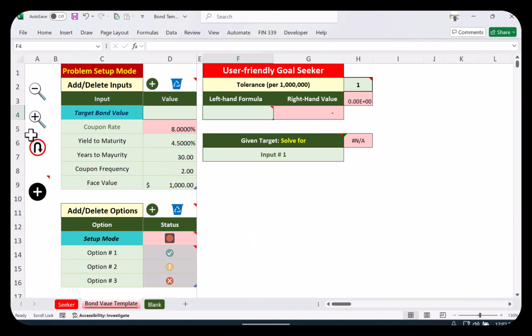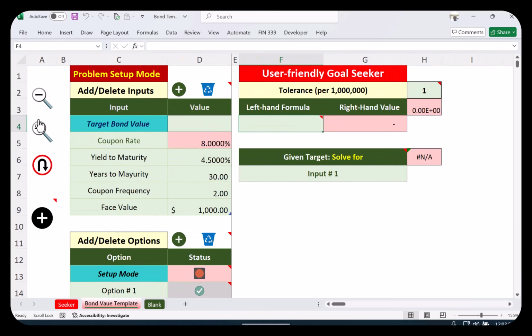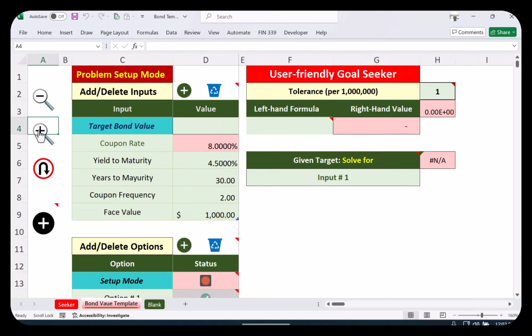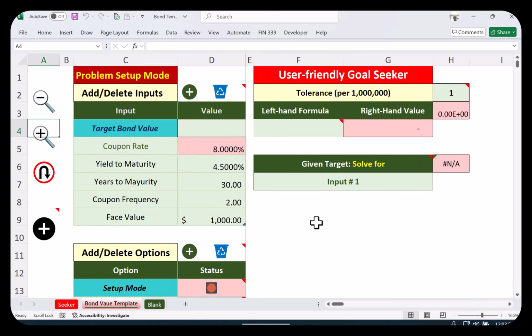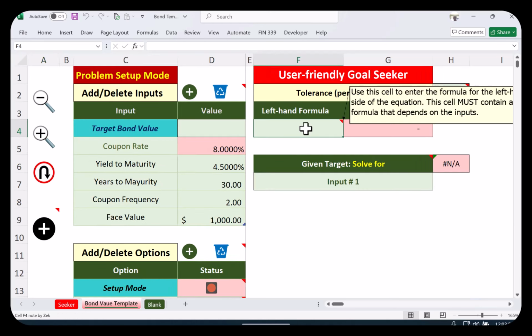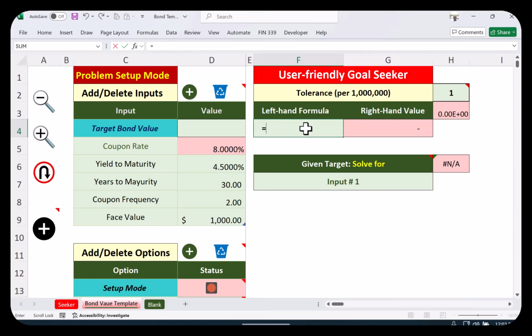Let me make this bigger because I don't need to see those options, because I don't need them. Equals PV is the name of the function. The first argument is the rate. That's the period rate, which is obtained by taking yield to maturity and dividing it by coupon frequency. The second argument is the number of periods. Take the years to maturity and multiply it by coupon frequency.